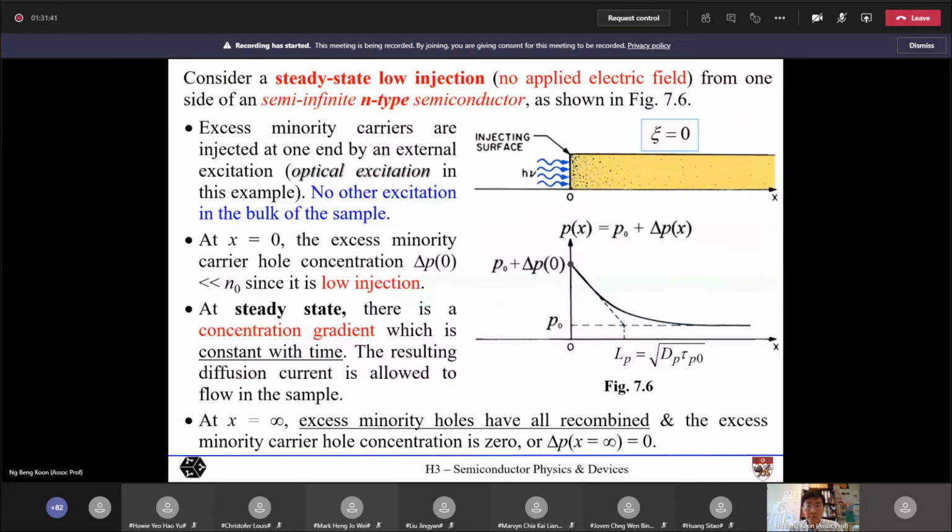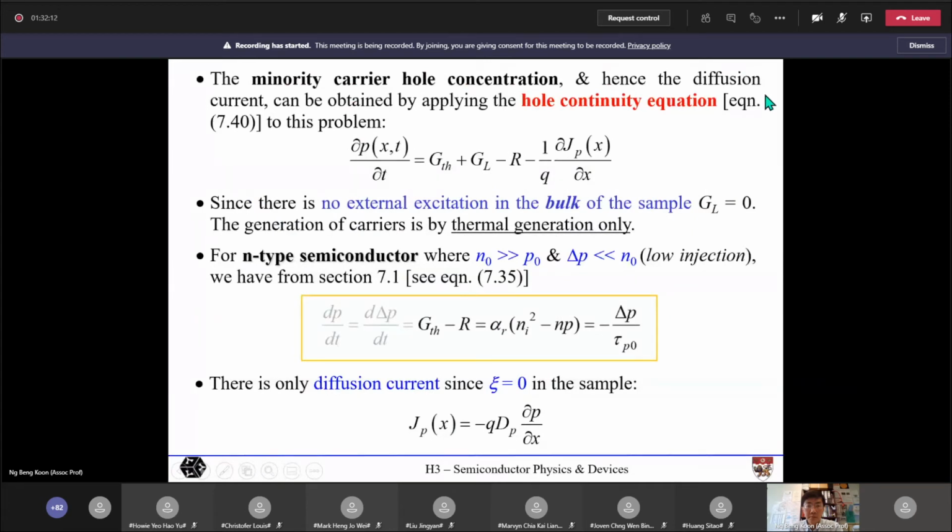Our analysis will also just focus on the steady state condition. That means you inject carriers at the end and give it enough time to stabilize, so that it doesn't change with time anymore. And we want to find out what this delta P is as a function of x in the semiconductor. So there are a few constraints that we're putting here.